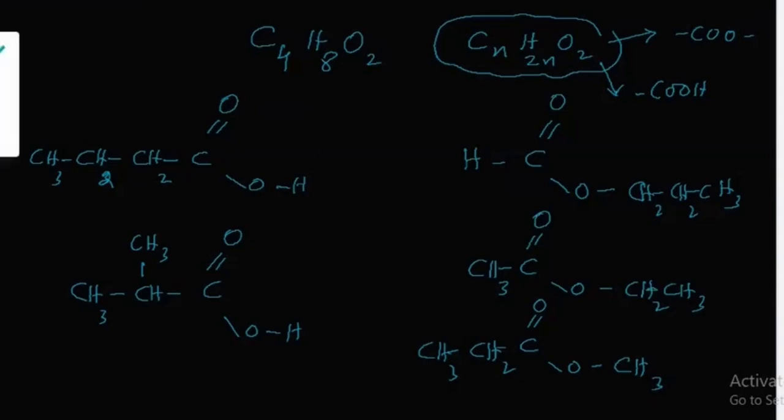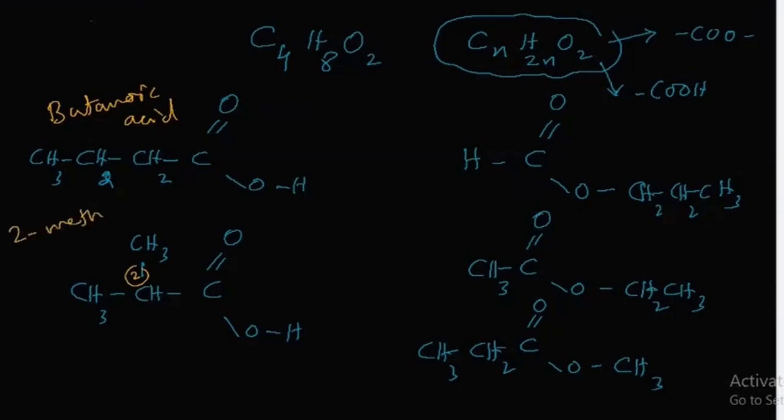If we go for the nomenclature or naming of these organic compounds, this is butanoic acid. And on the second carbon there is a branch, so this is 2-methylpropanoic acid.